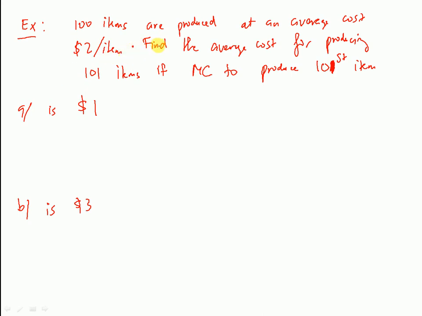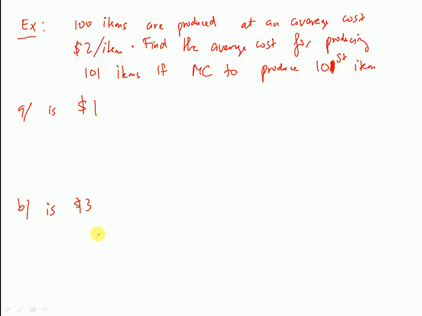Now they ask us to find the average cost for producing 101 items, 100 and one more item, and they give us the marginal cost to produce that extra one item after 100 items: A is $1 and B is $3.